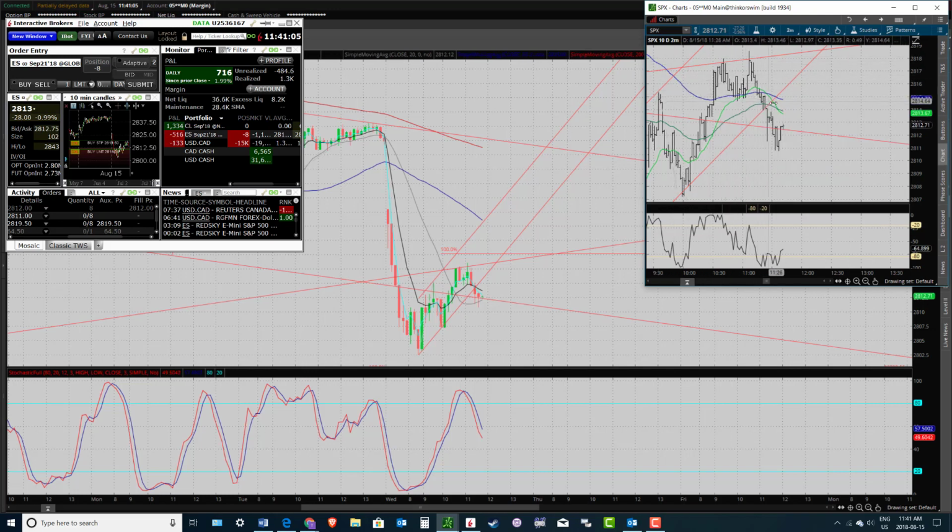So you want them all pointing in the direction of the trend that you're trying to trade, in this case to the downside. And you also want the middle length one below the longest one, and you want the shortest one below both of those. And see, we had a little crunch here, and now we're having an expansion, and we're getting below both moving averages with the shorter one. They're all pointing down as they should be.